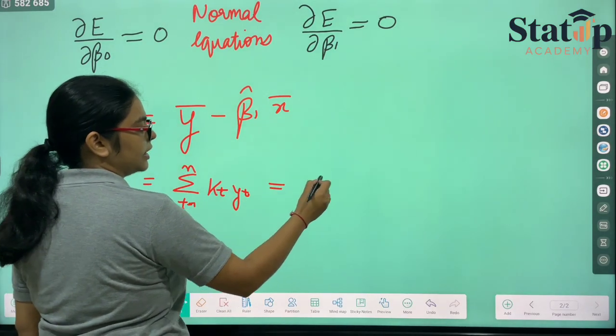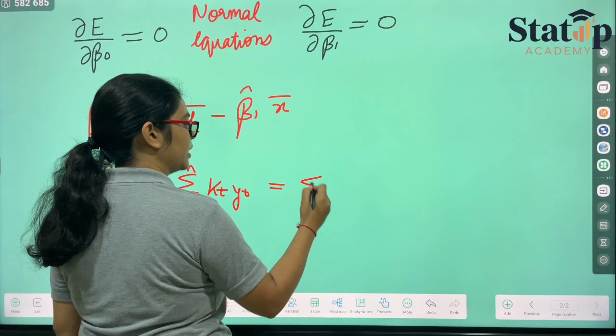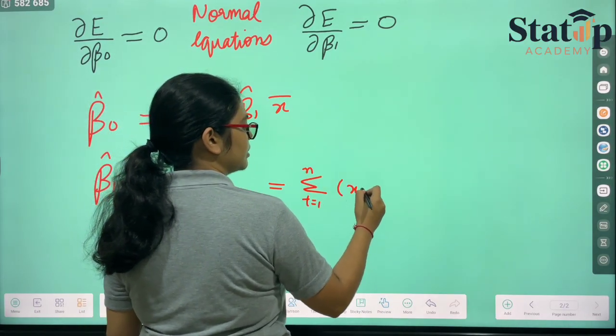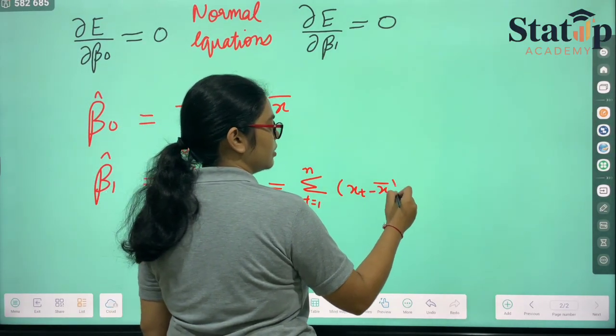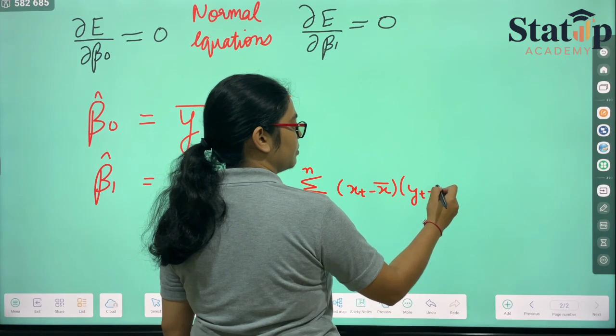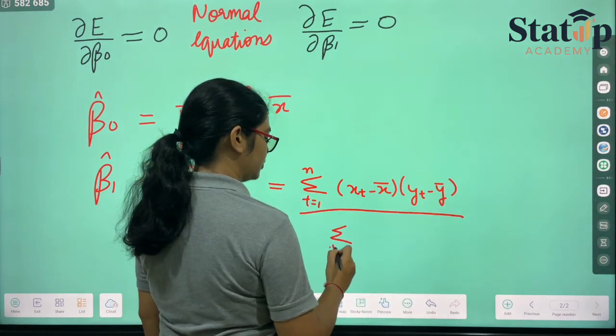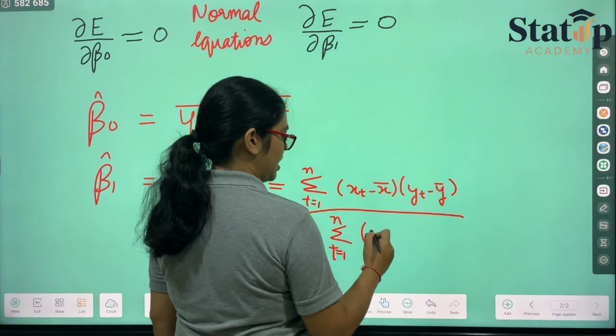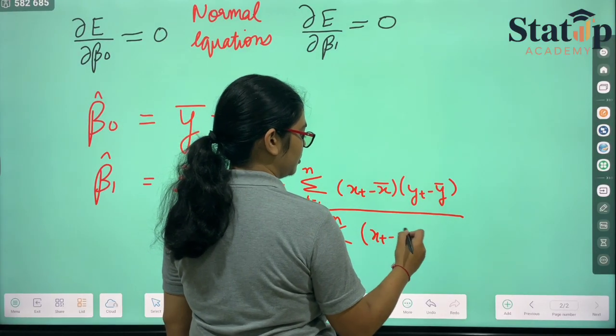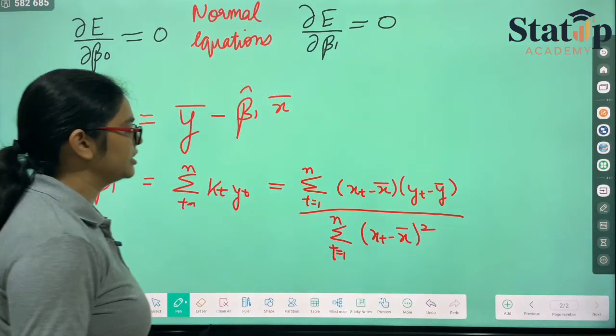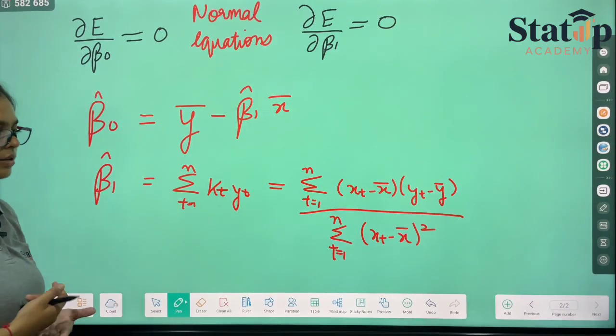Here we can also write summation t goes from 1 to n (xt minus x bar)(yt minus y bar) upon summation t goes from 1 to n (xt minus x bar) whole square. This will be our final result.